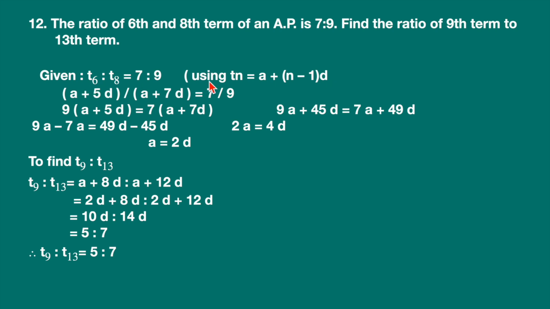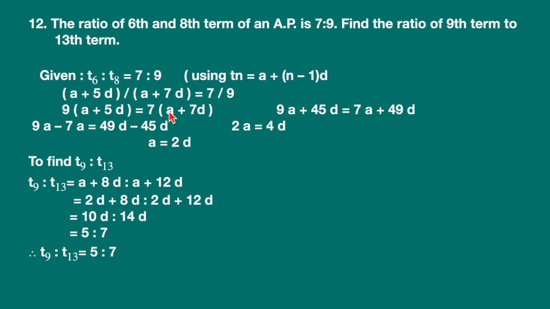You substitute n is equal to 6, you get 6 minus 1, 5. a plus 5d upon, that is divide, the 8th term. When you put n as 8, you get a plus 7d. So a plus 5d upon a plus 7d is equal to 7 upon 9.